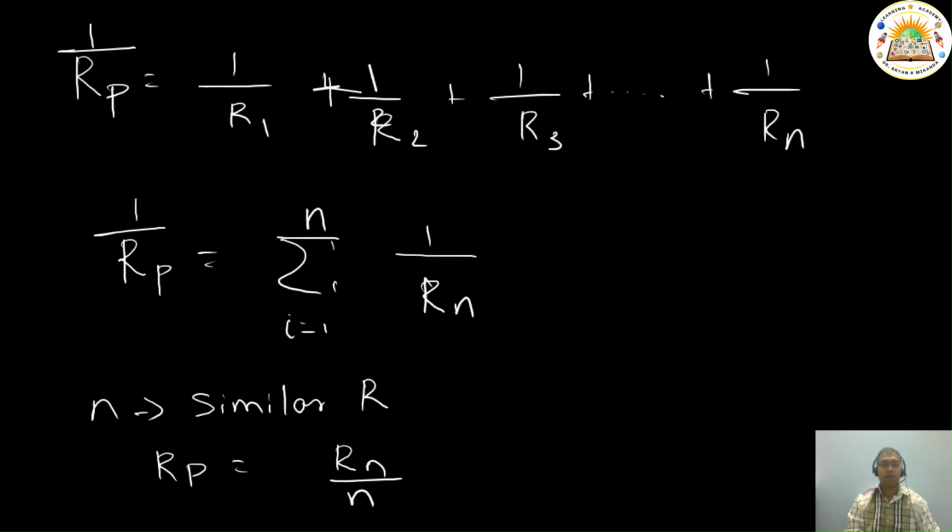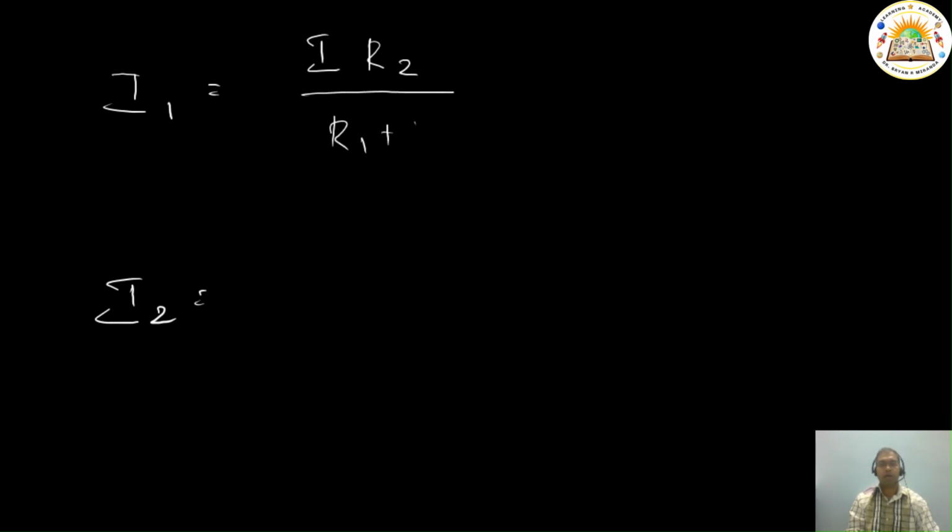After this, since it is parallel, we took the two different currents, I1 and I2 in the branches. We calculated that. We found I1 as I R2 by R1 plus R2, and I2 as I R1 by R1 plus R2. Then we saw the difference between the series and parallel combination. We also went ahead and solved a circuit when we have both series and parallel. How do we draw equivalent circuits and come back to the simplest form of the given circuit?